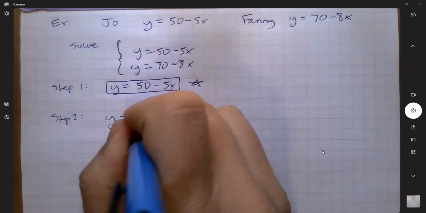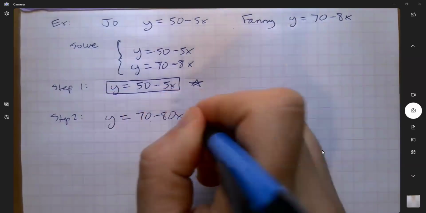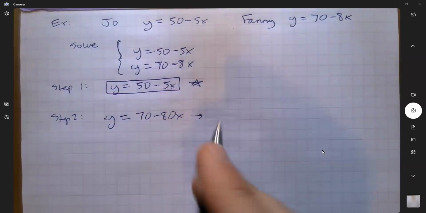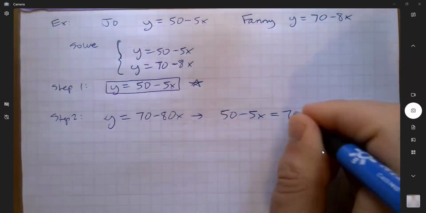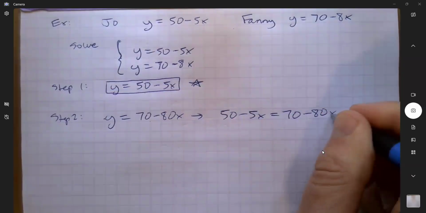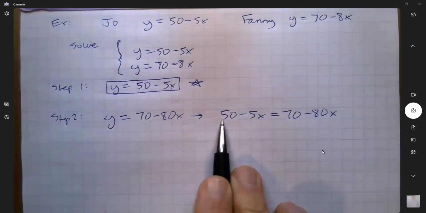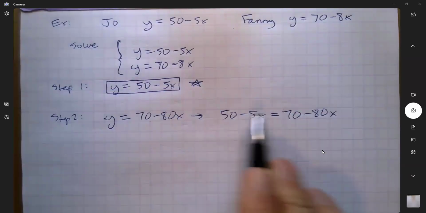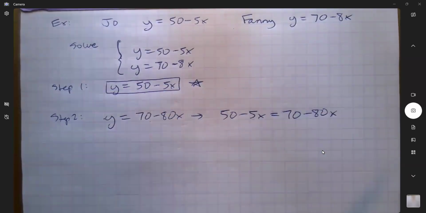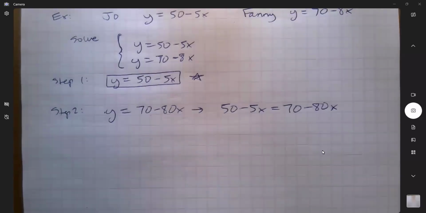So y, which is 70 minus 8x, the y is the 50 minus 5x. So 50 minus 5x equals 70 minus 8x. And again, that makes sense because this is Joe's distance and this is Fanny's distance, and we want them to be the same. That's what it would mean for Fanny to catch Joe.